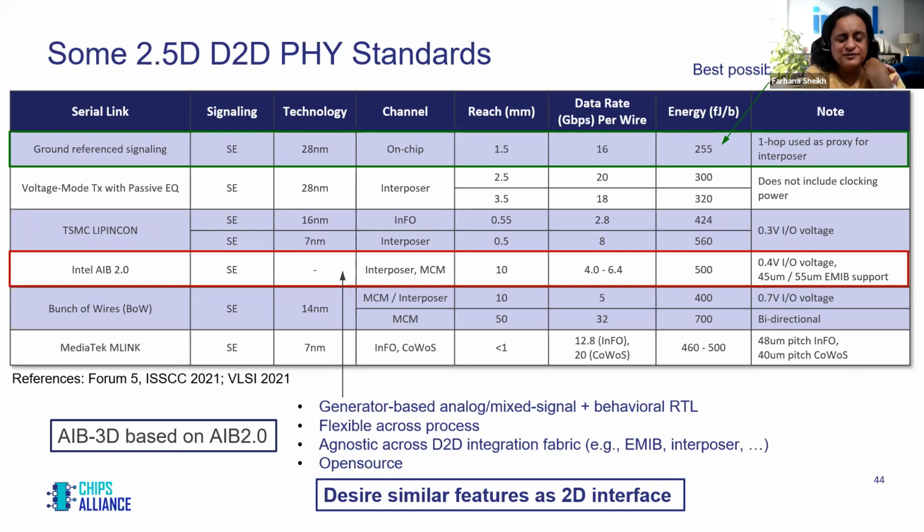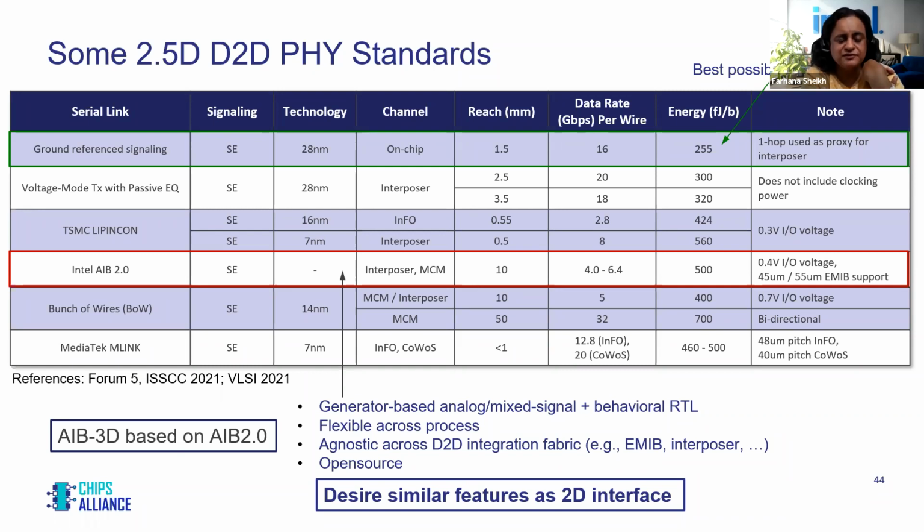But for this eye chart, I really want to highlight the AIB 2.0 interface. A very nice feature of AIB is that it is what I call a soft macro that can be turned into a hard macro. It's a generator-based analog mixed signal plus behavioral RTL design that can go across different process nodes.